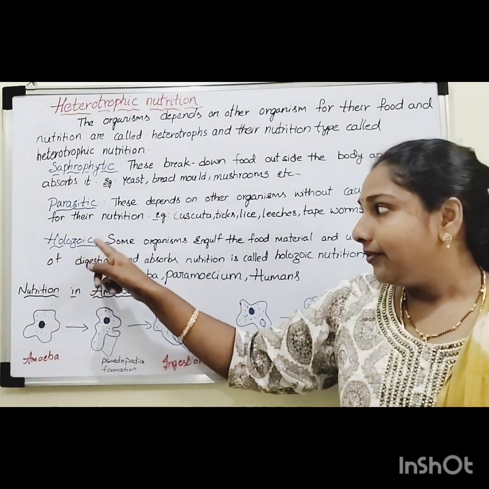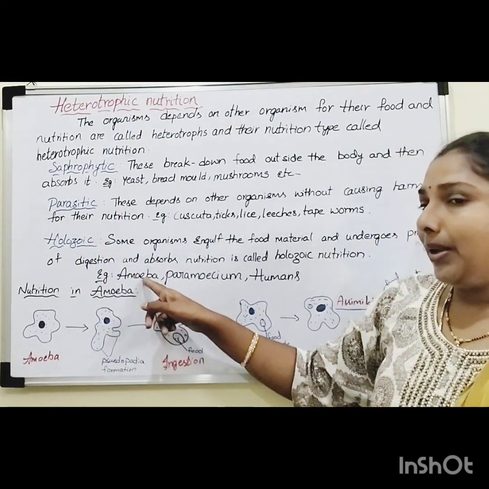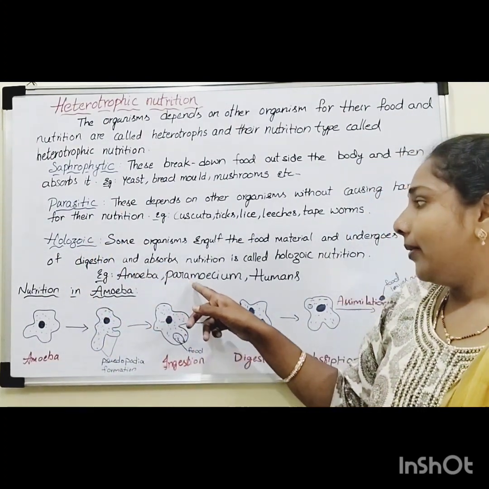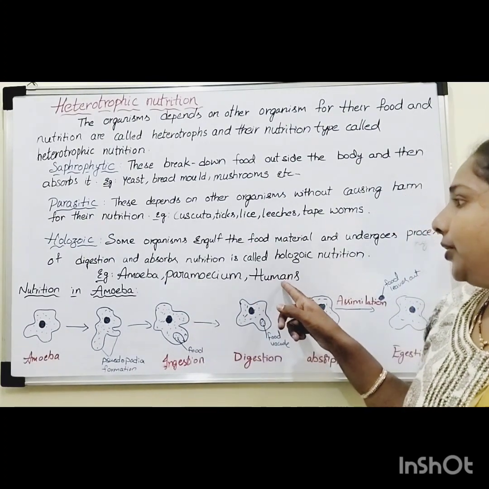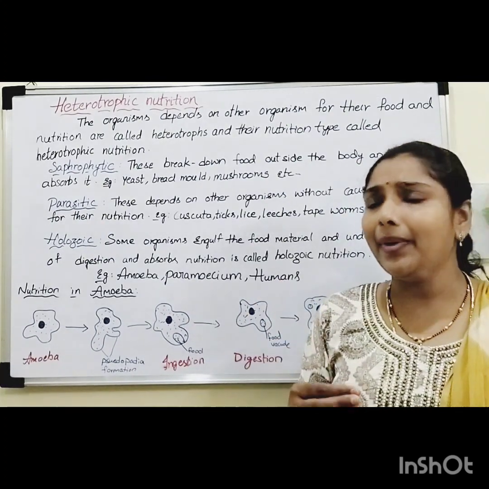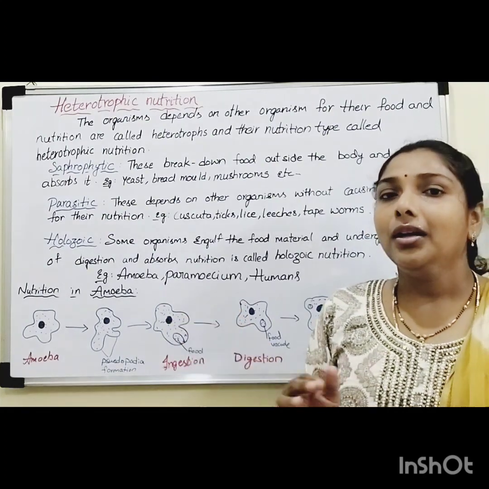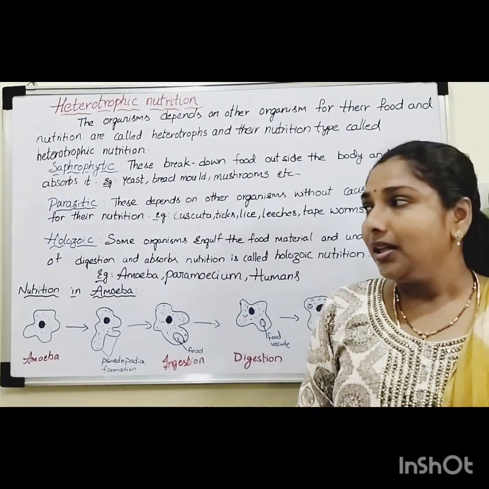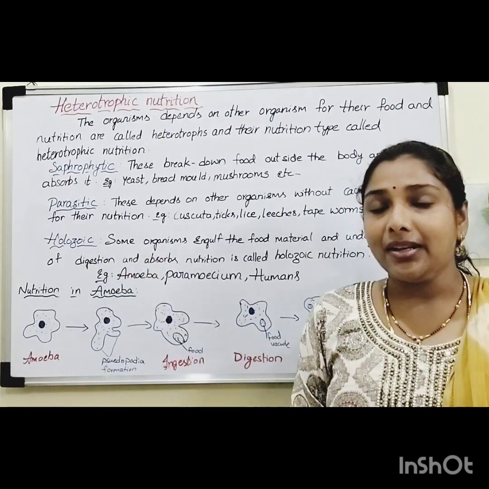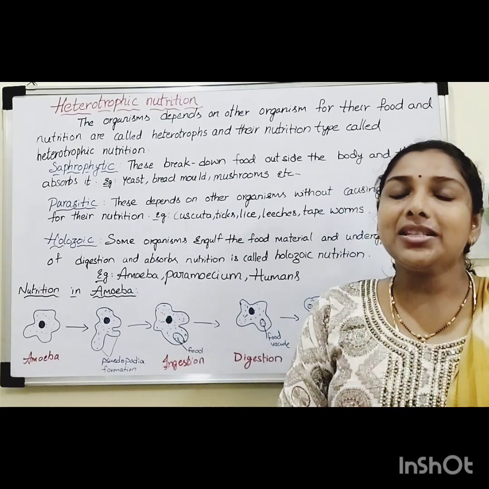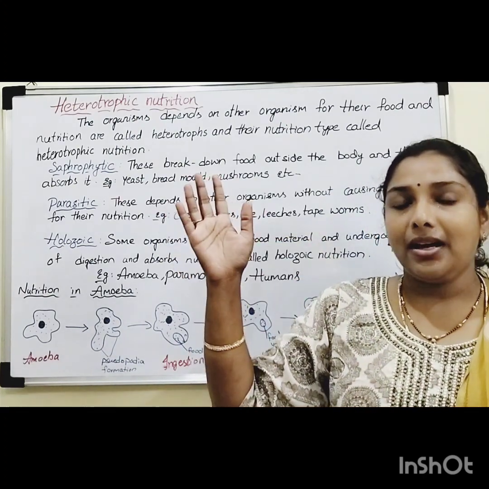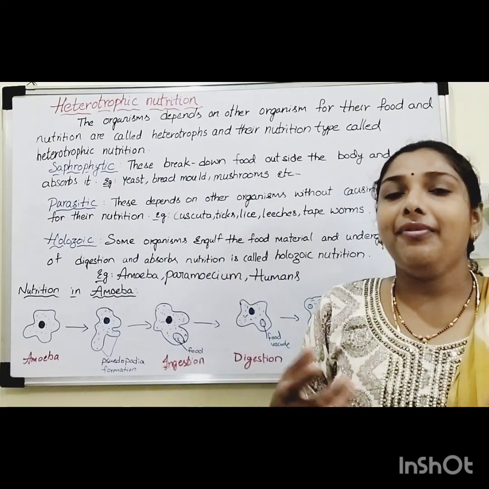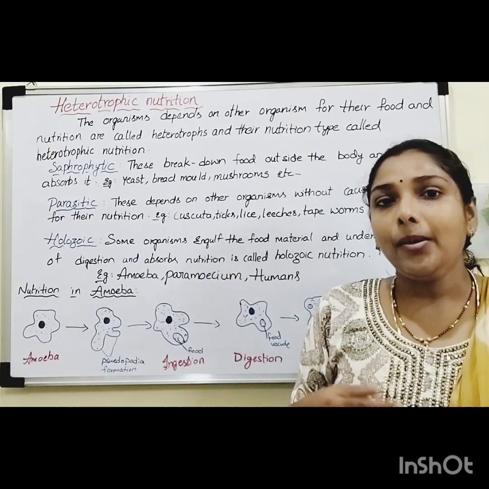This can occur in amoeba, paramecium, and humans. Amoeba and paramecium are unicellular organisms. This holozoic nutrition varies from unicellular to multicellular organisms depending upon the modification of their body.